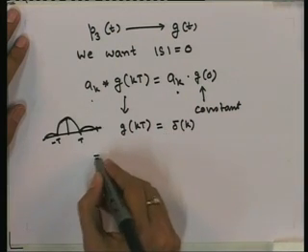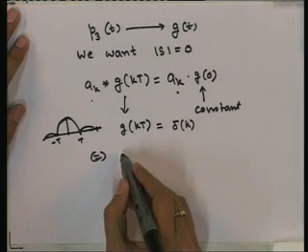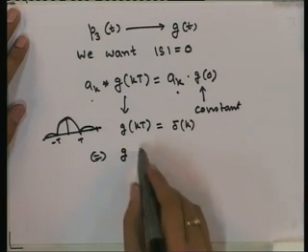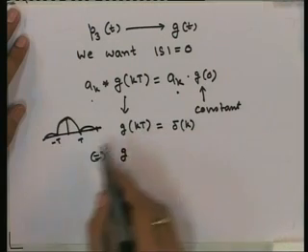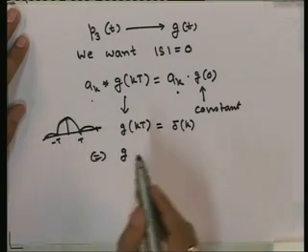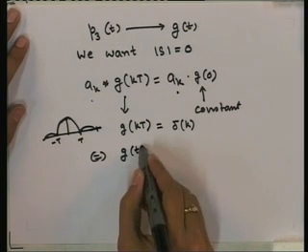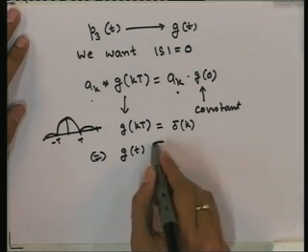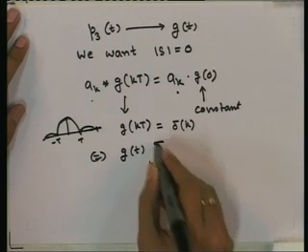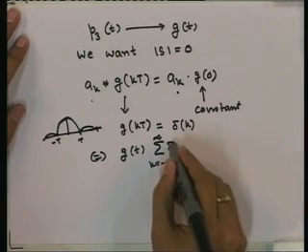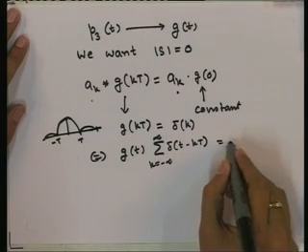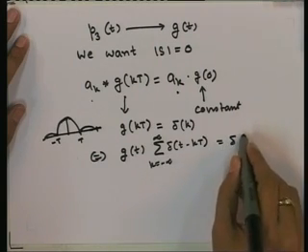So this again means that g(t), what is this sequence? This sequence is basically the sampled version of g(t) at multiples of capital T. So that means g(t) times the sum of delta(t - kT) is equal to delta(t).